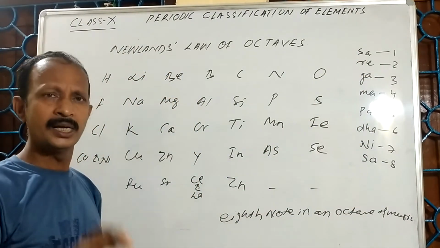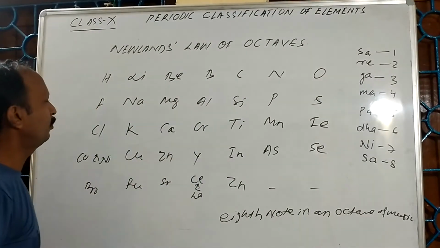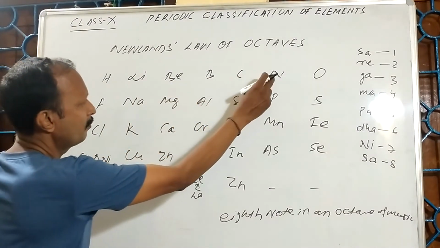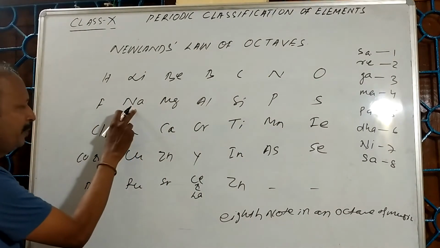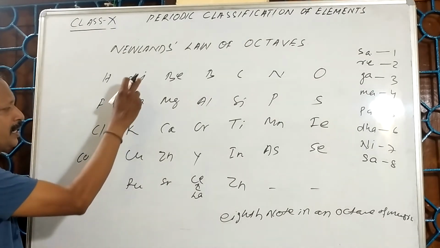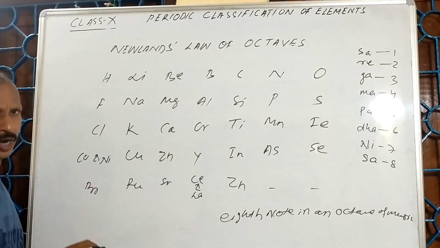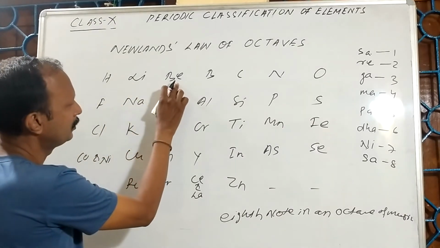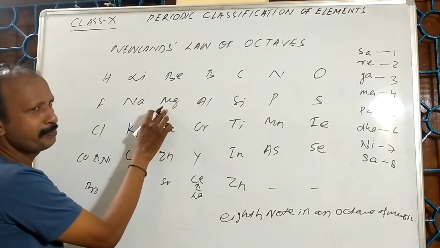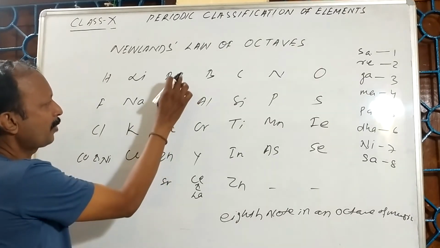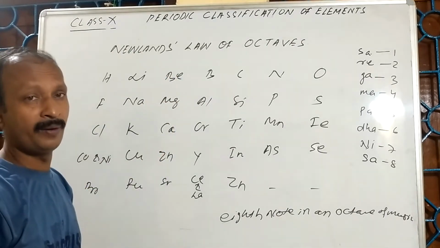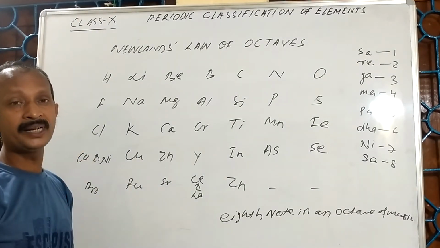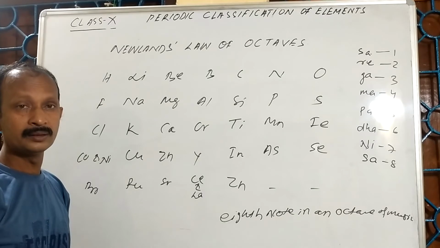In case of Newlands, the same thing happened. For example, we start from lithium. First 1, 2, 3, 4, 5, 6, 7, 8. That means the properties of lithium are similar to sodium. Similarly, if I start from beryllium, the 8th one is magnesium. The properties of lithium and sodium we also found similar. Both are metals, both having valency 1.